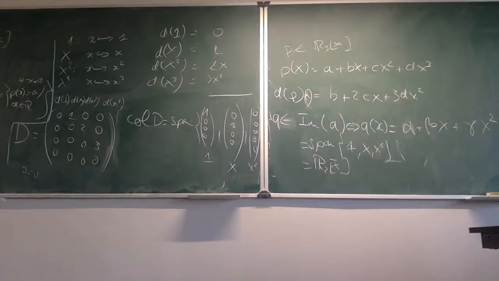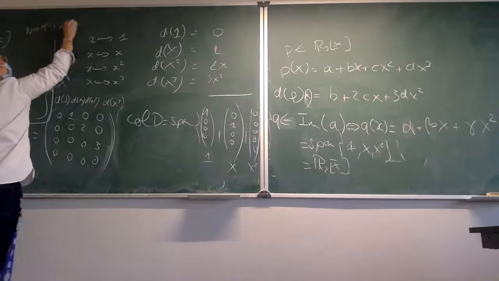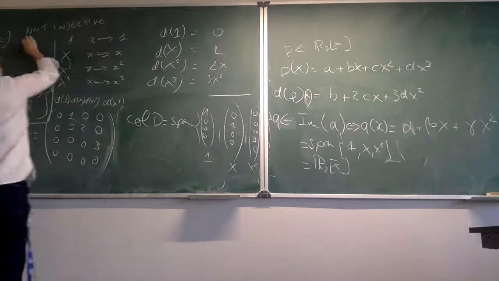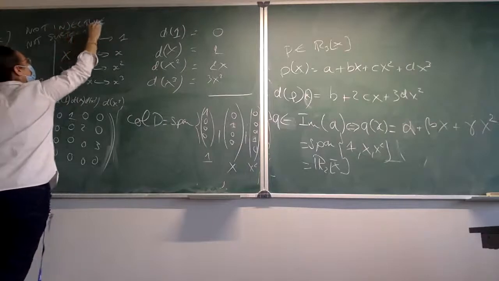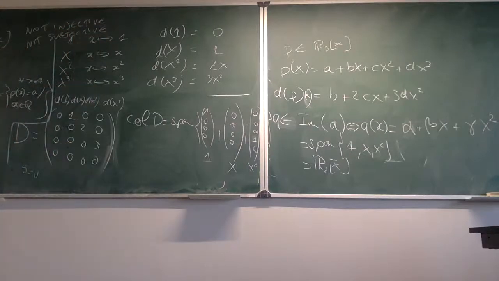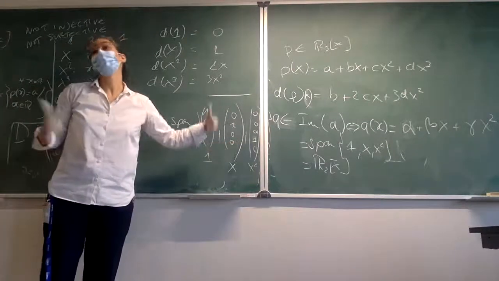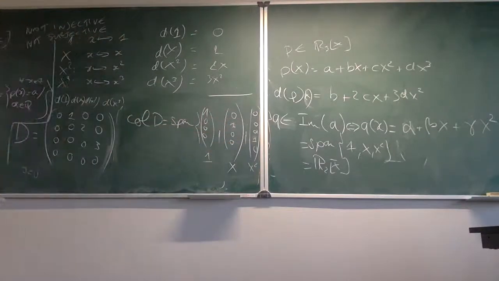Not injective, not surjective. And by the way, we can check the rank nullity theorem: the dimension of the domain is 4, the dimension of the kernel is 1, the dimension of the image is 3. So 4 is indeed equal to 1 plus 3.